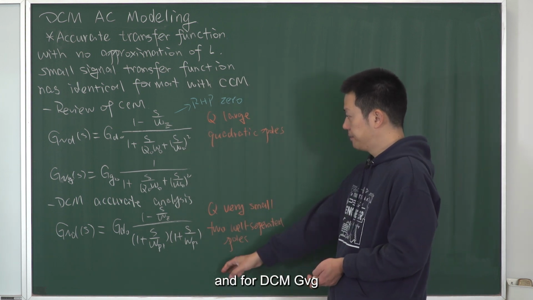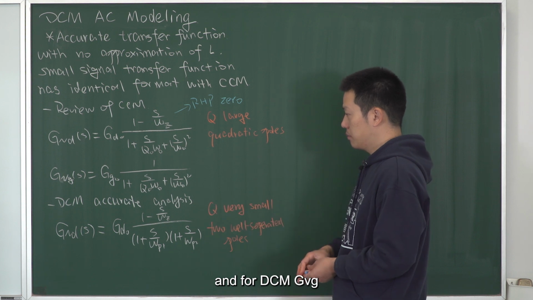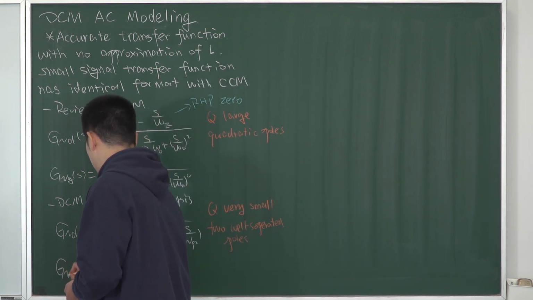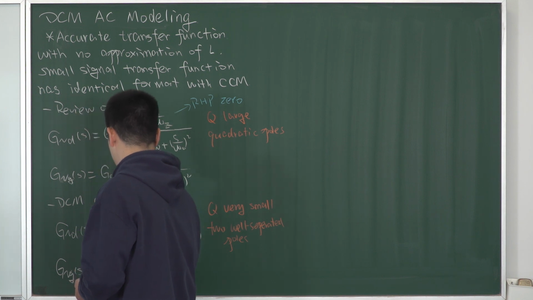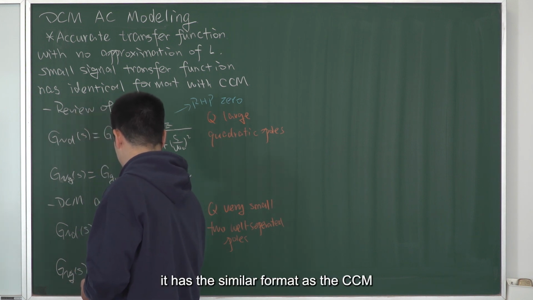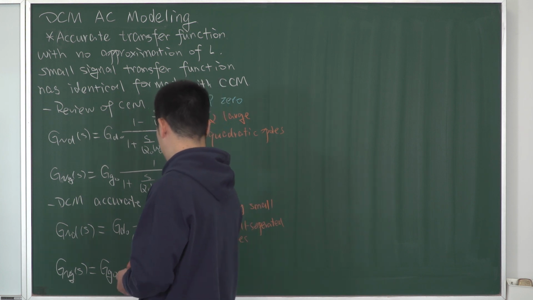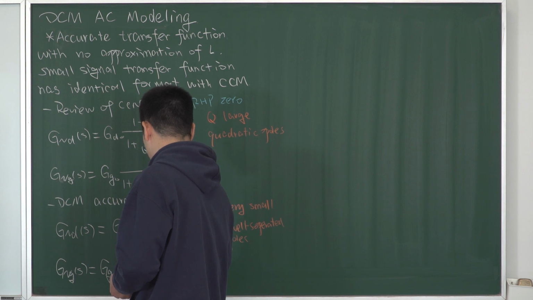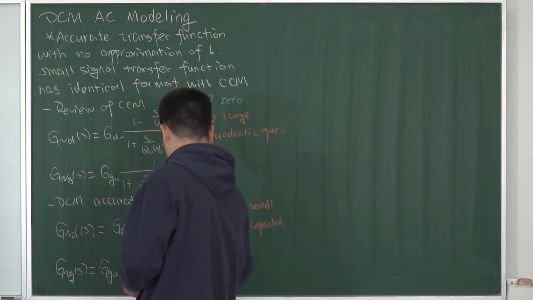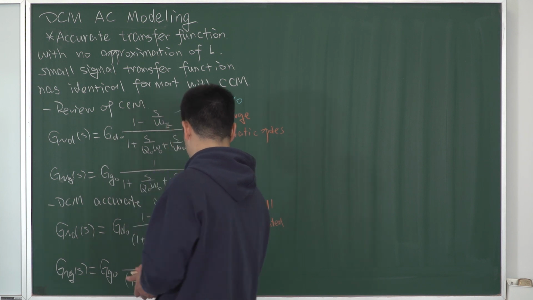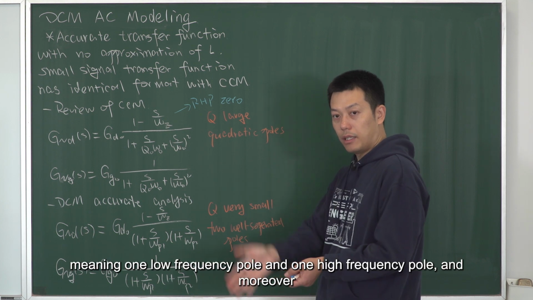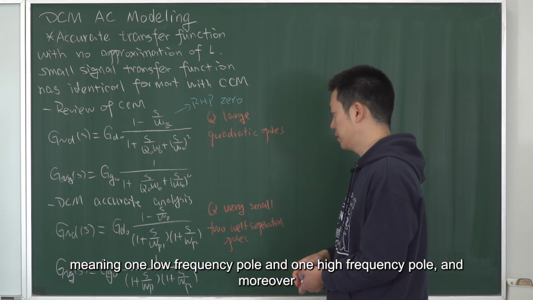And for DCM, GVG has a similar format as the CCM, and also two well-separated poles, meaning one low-frequency pole and one high-frequency pole.